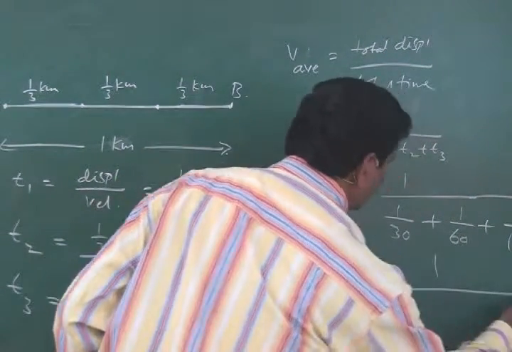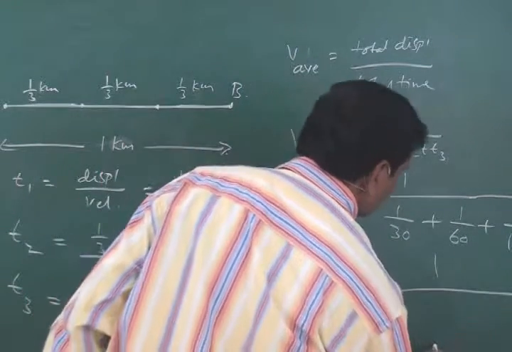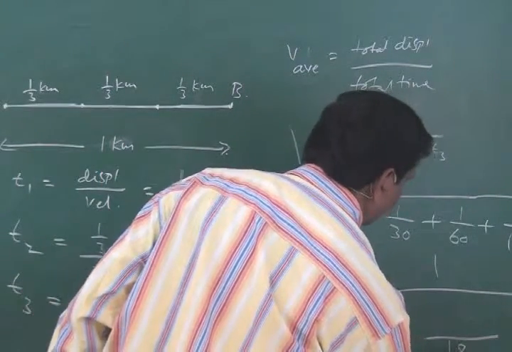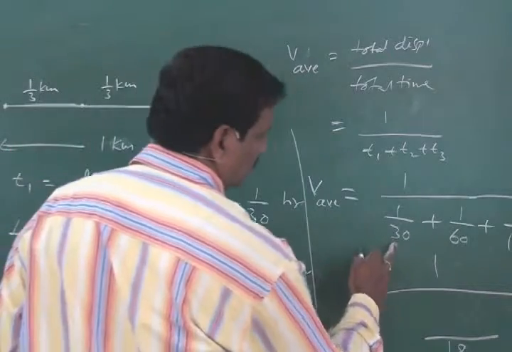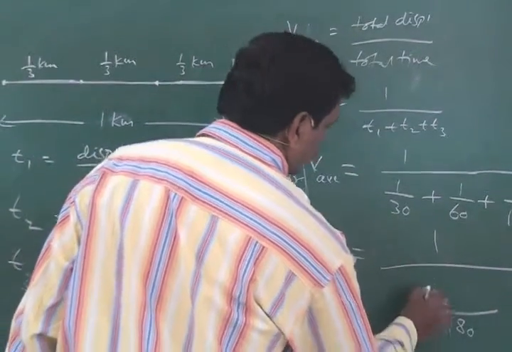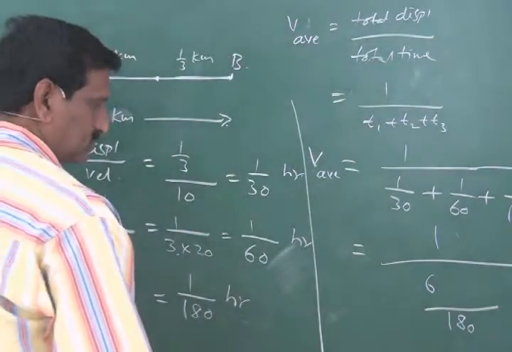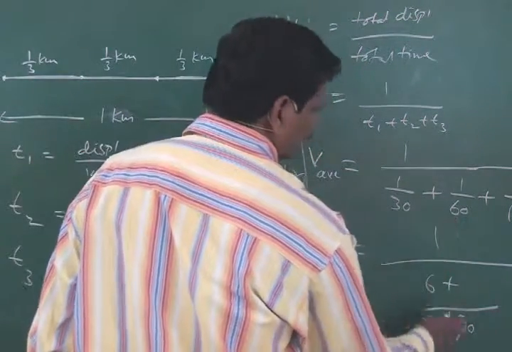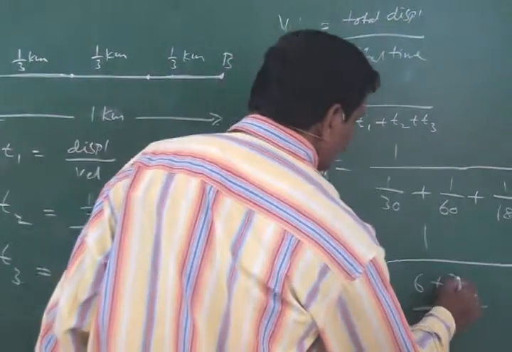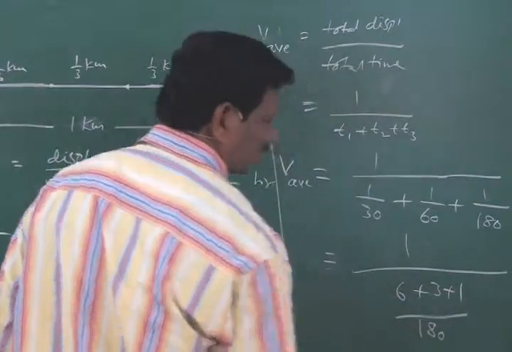Here the LCM is 180. So 30 goes 6 times, 60 goes 3 times, and 180 goes 1 time.